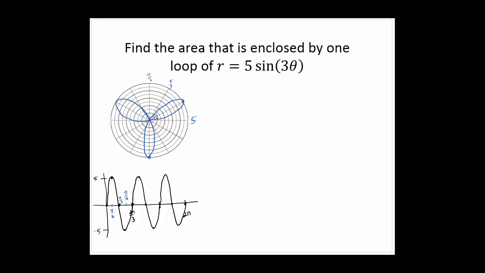So how about we just focus on that first loop, and notice that that first loop completed from 0 to pi over 3. So the area that we're looking for is the integral from 0 to pi over 3, 1/2 times 5 sine 3 theta squared d theta.